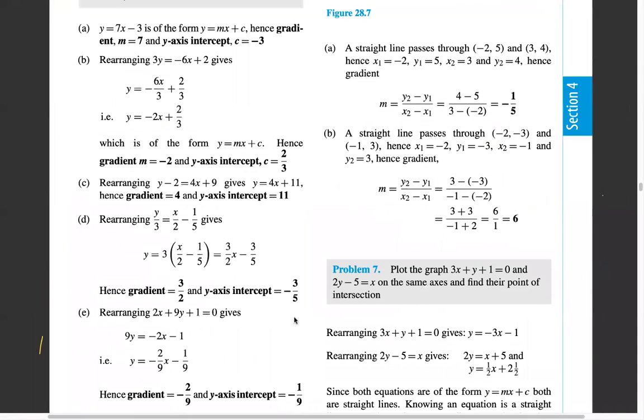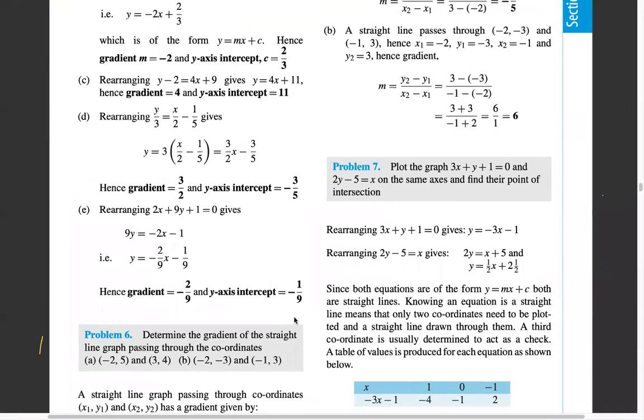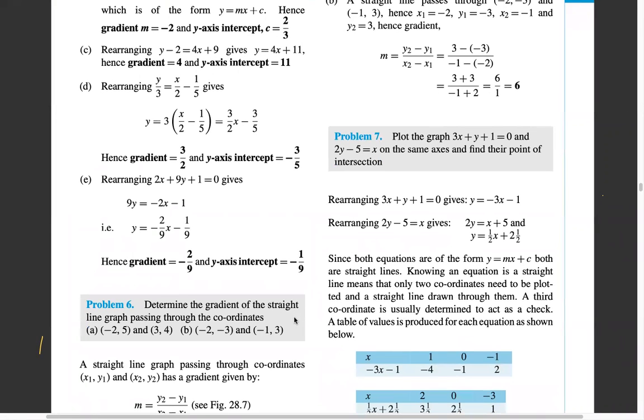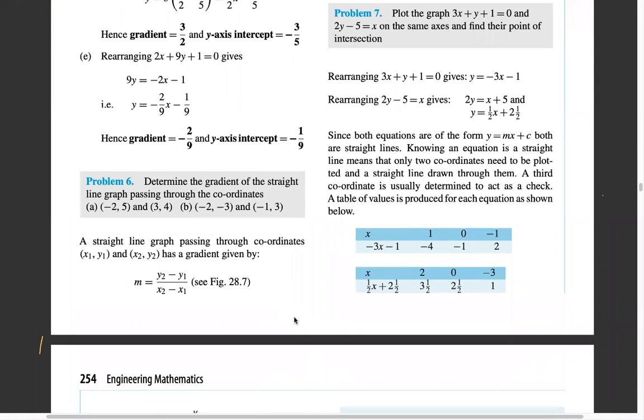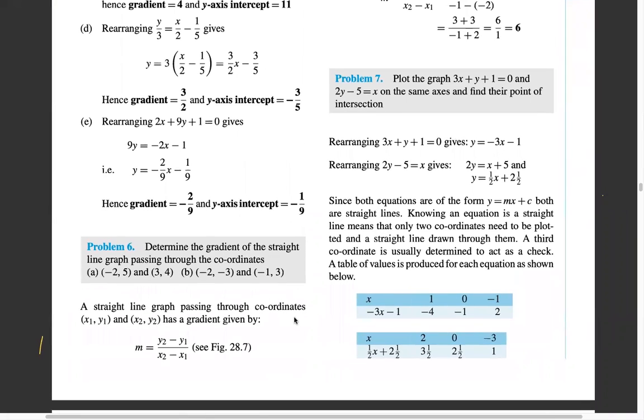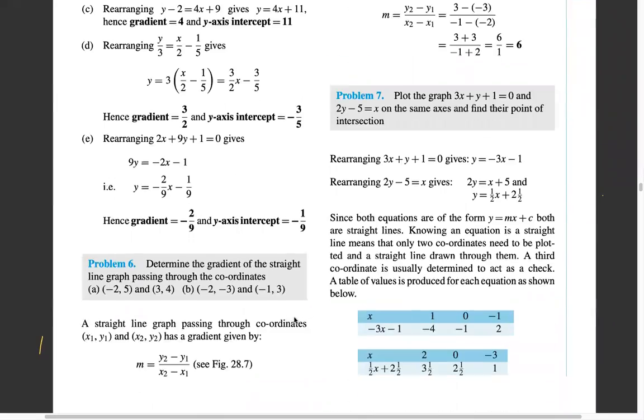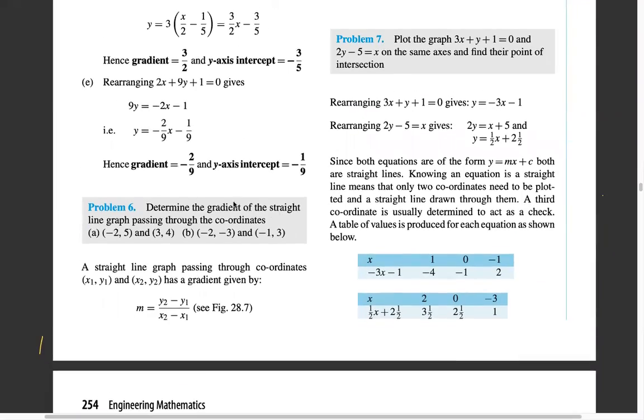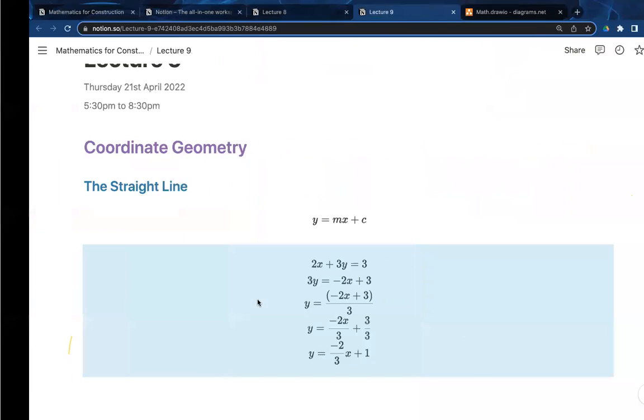They have lots of problems here that allow you to do the algebraic manipulation to find out what the gradient is and what the y-intercept is. Now they have some problems they could give you here. Look at this problem. Determine the gradient of a straight line passing through these points. So essentially what they want you to do is understand the equation of a straight line, right?